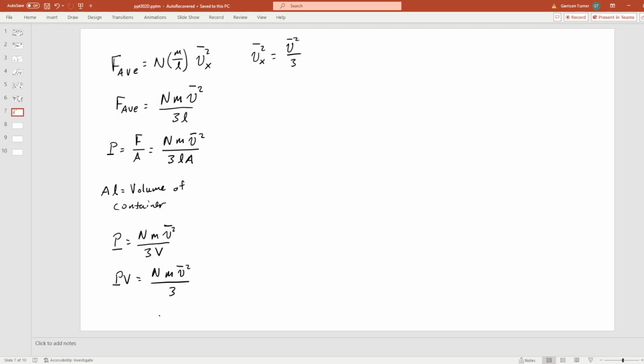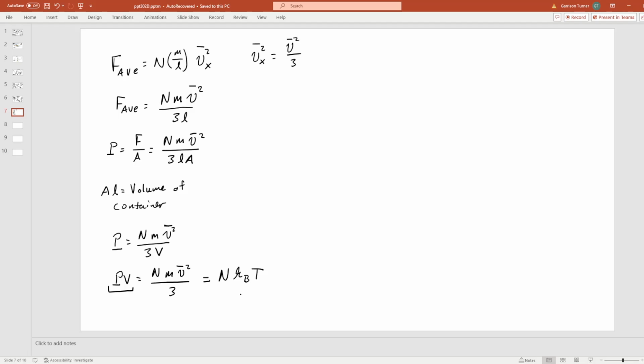And this is the left-hand side of the ideal gas law. This is the left-hand side of the ideal gas law. So this is going to be equal to N k_B T.